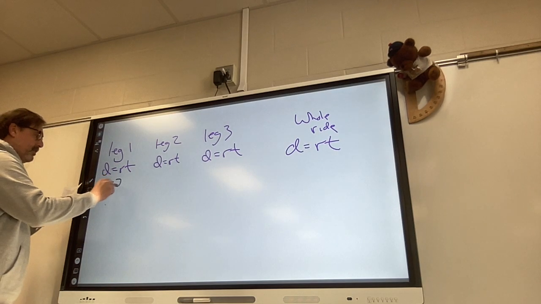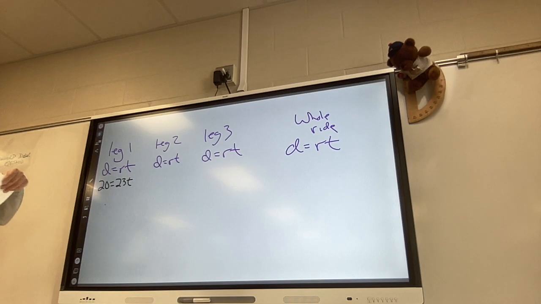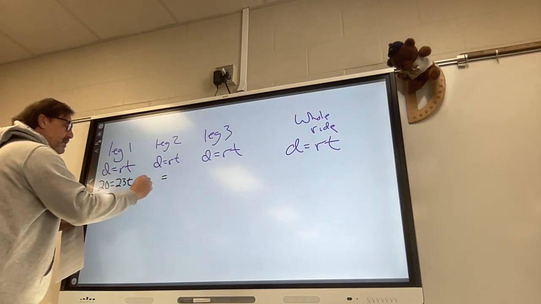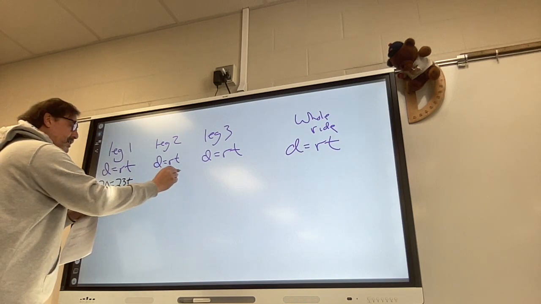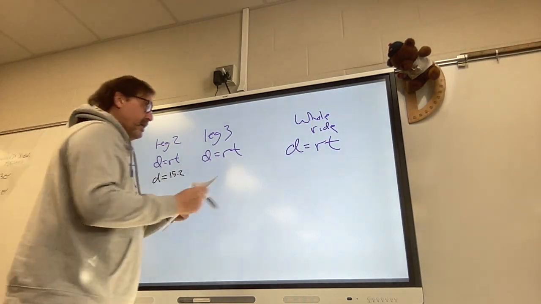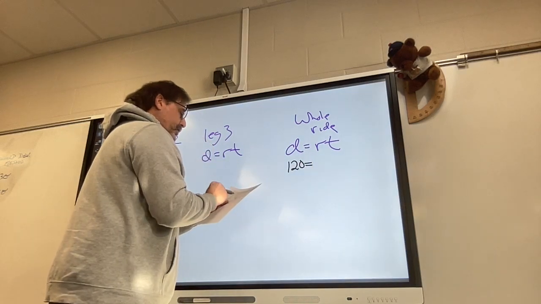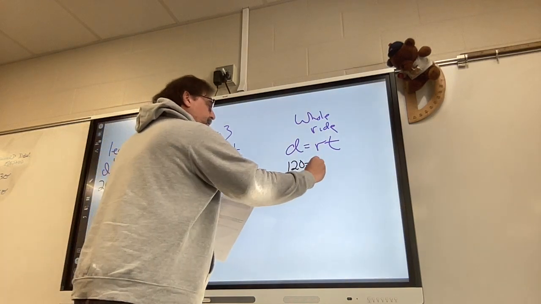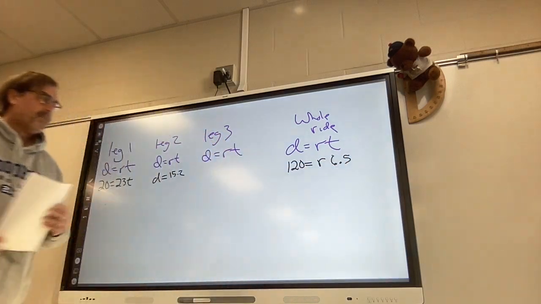The rate is 23, time is unknown at this time. The next 2 hours, the rate is 15. The entire ride is 120 miles. The rate you want to finish, we don't know, you want to finish in 6.5 hours.